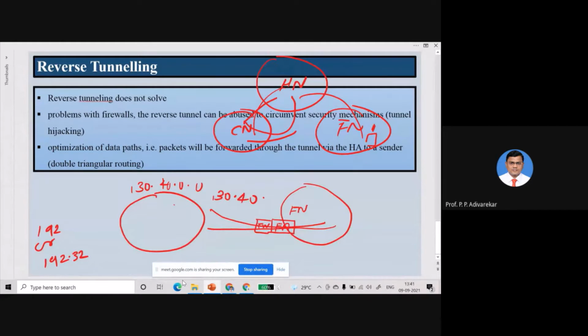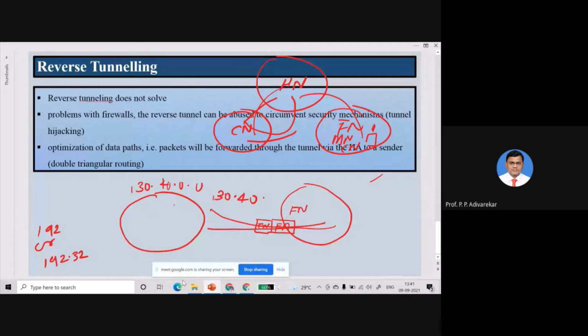What is the double triangular routing problem? Now when you visit a foreign network of a company site, let's say this is the foreign network. The mobile node and correspondent node are part of this foreign network, and there is a tunnel already present from the home agent to the foreign agent.